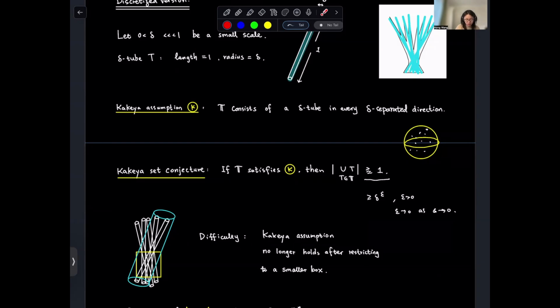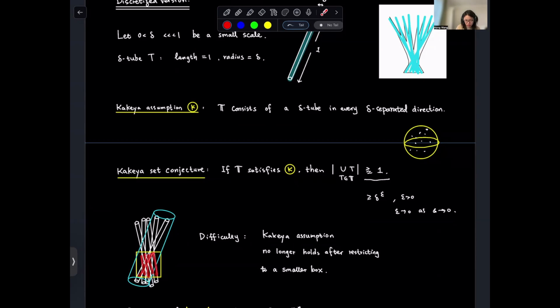How do we do induction on scales? So now we have a union of delta tubes with one in every delta separated direction. To do induction on scales, we usually intersect the set with some small box. For example, we could intersect the set with this yellow box. Then we will get a set of tube segments.